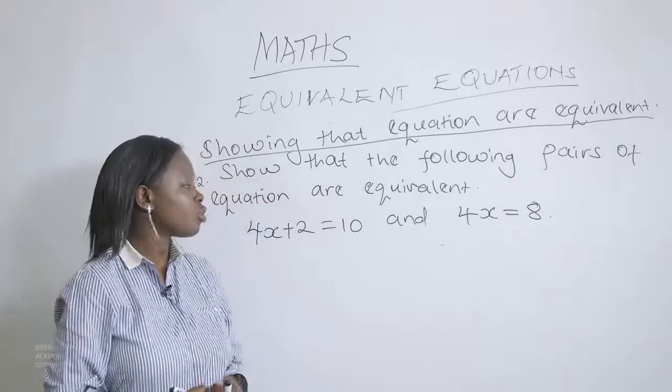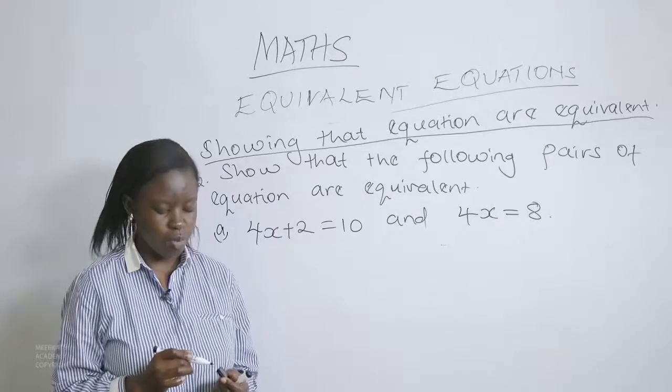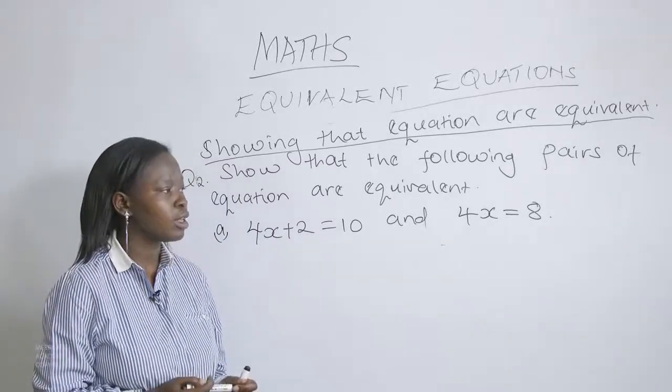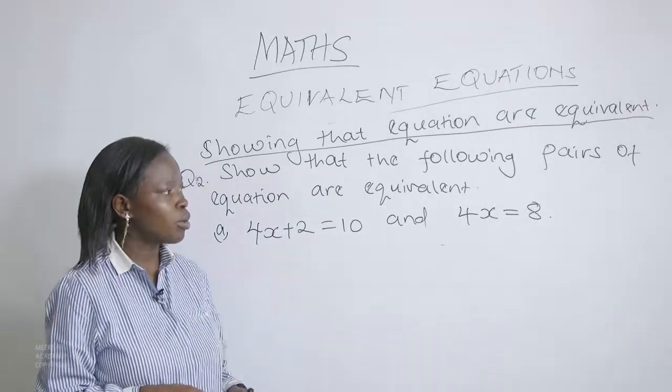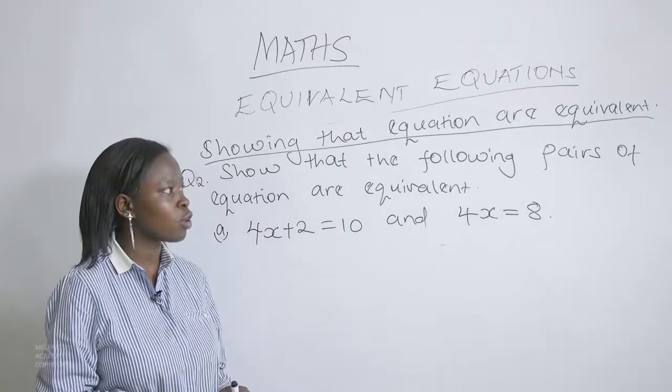So we have two pairs of equations, and we need to find out if the two equations in each pair are equivalent or not. Remember, we had 5 ways of showing that equations are equivalent.